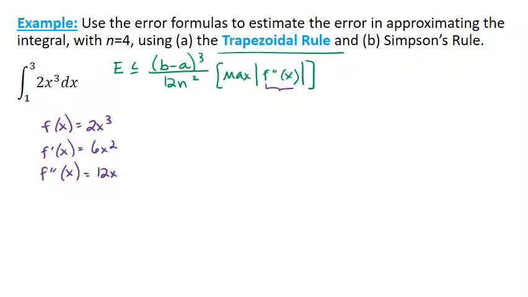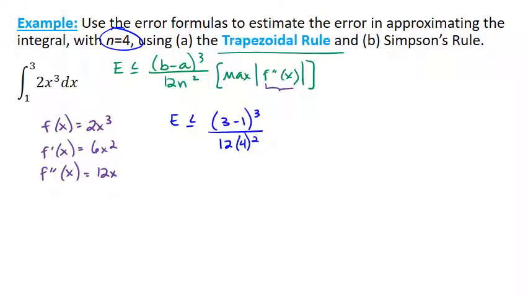Okay, so applying this formula then, E is less than or equal to, this is essentially the interval, (3 minus 1) cubed, over 12 times n. It tells us n is equal to 4, and we'll square that. Now, the maximum of this absolute value means if you plug in a value here, what will provide, in that interval, the greatest result?